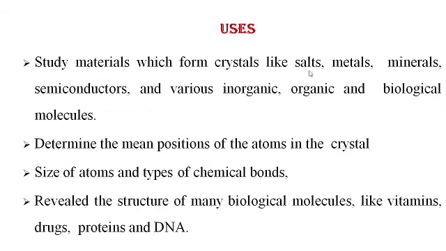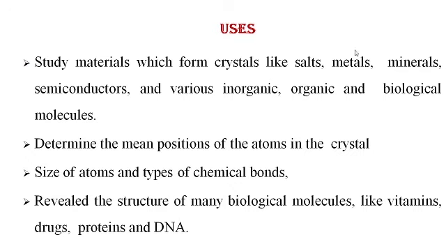Uses of X-ray crystallography: as we have seen earlier, it has been used in many different fields, and its use in many different fields has fetched more than 29 Nobel Prizes. So let us see where all it can be used. It is used to study materials which can form crystals, which is the basic requirement of X-ray crystallography.